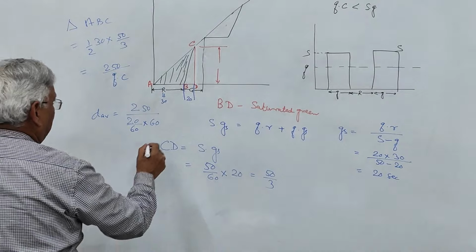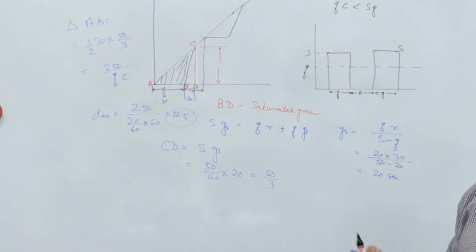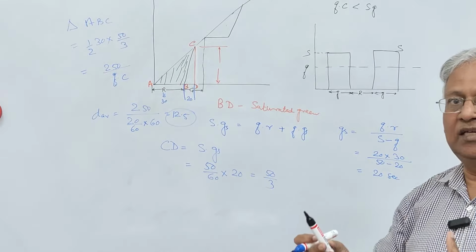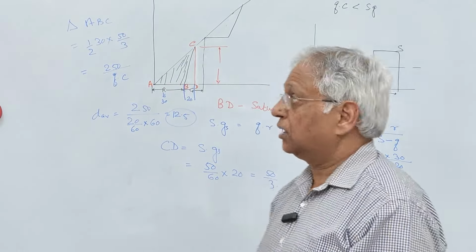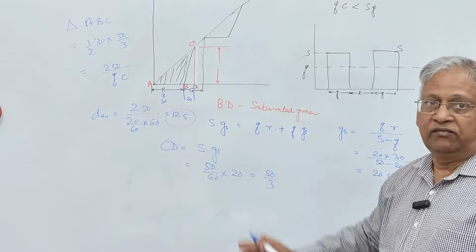That is 12.5 second. That is how you can do it. Either you do it directly from the formula if you remember. If you do not remember, just take 1 minute to derive this equation and get the value.